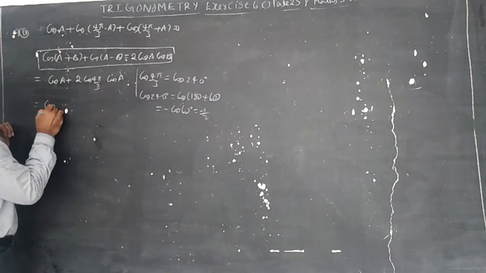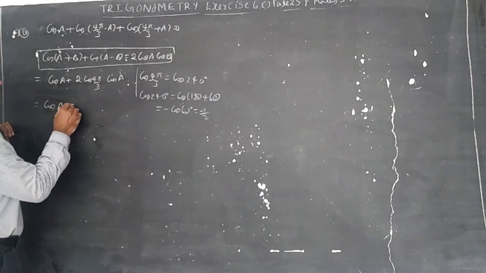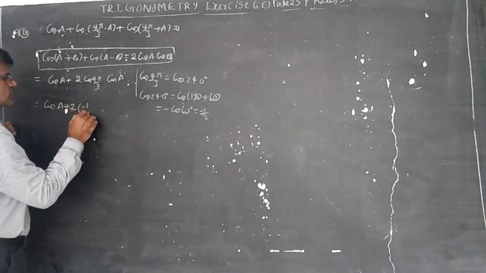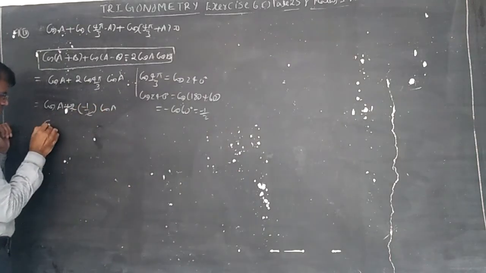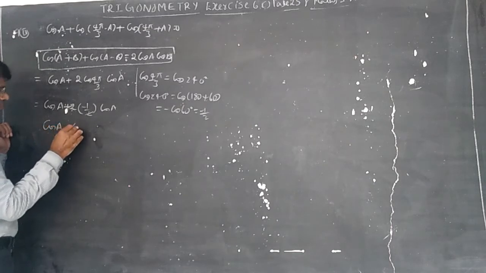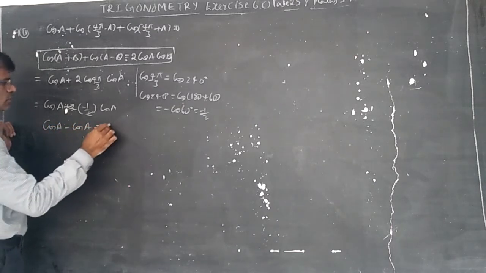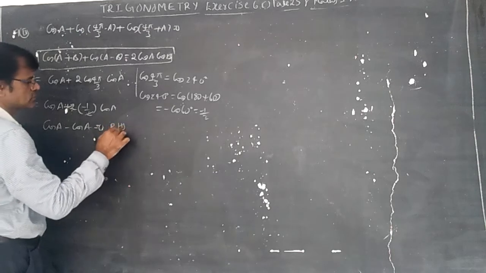So here you write cos a plus 2 into minus 1 by 2 into cos a. The 2s get cancelled. Cos a minus cos a is equal to 0. Put the values.